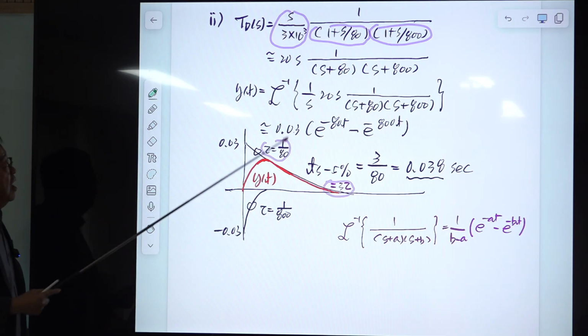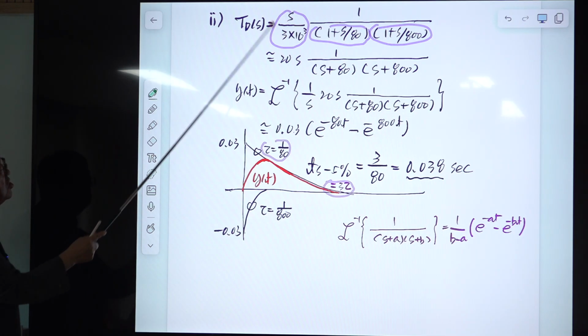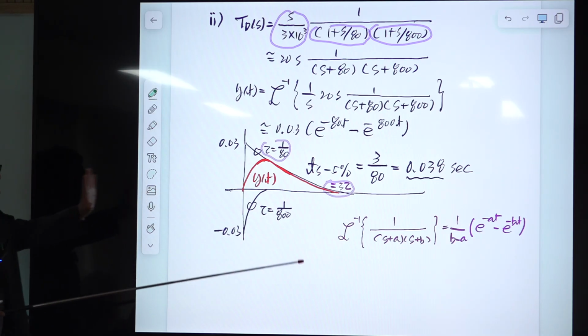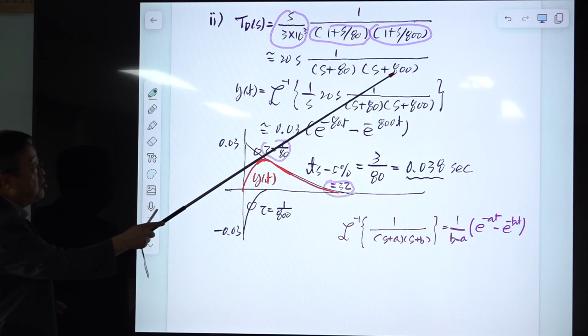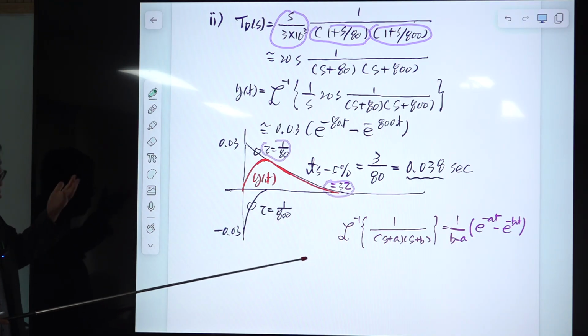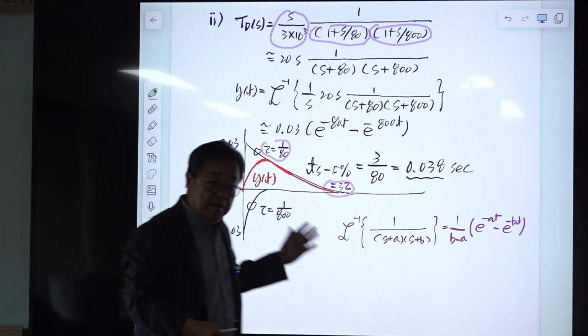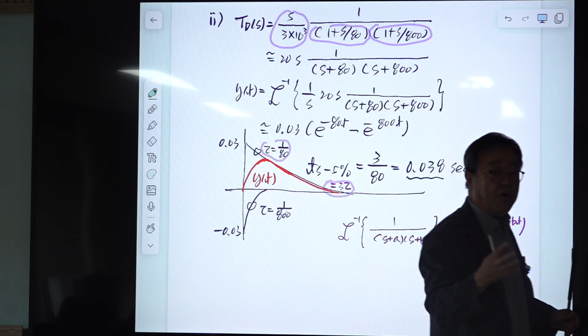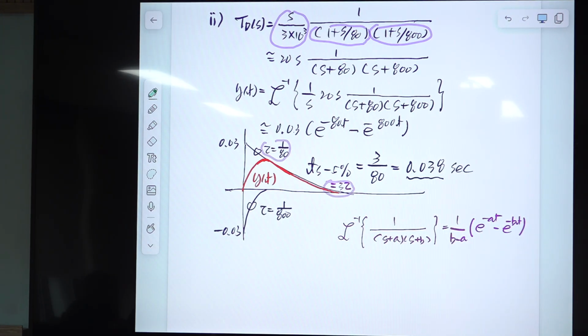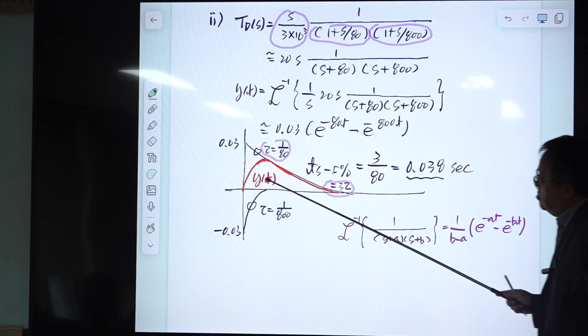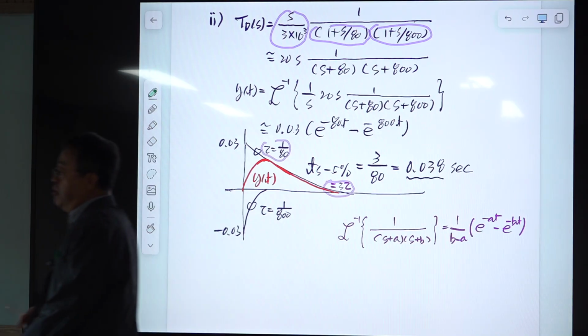Somehow the coefficient is the same at this point, but in other cases the coefficient of this term is much smaller than the other one. So the contribution of this fast decaying part is small, and it decays much faster, so it can be ignored in calculating this. Okay, so this is the result.